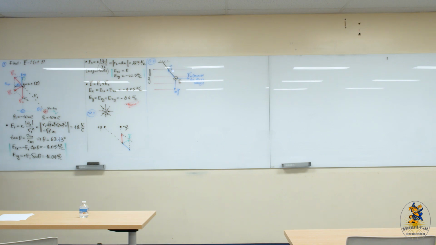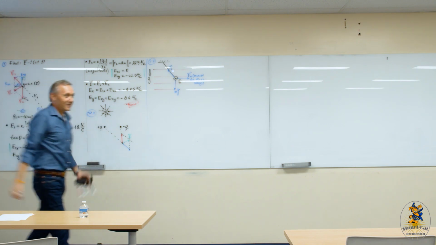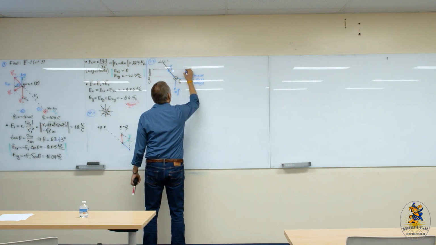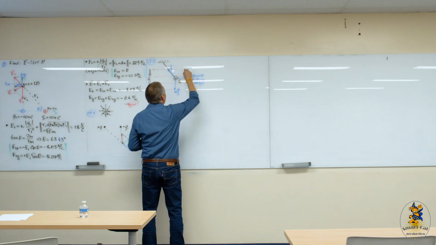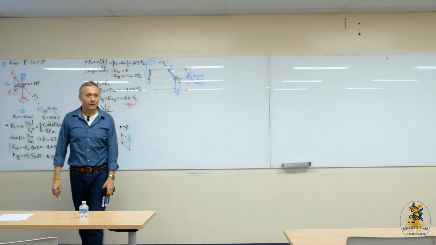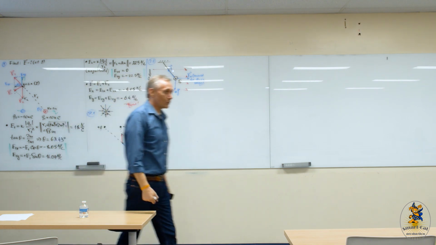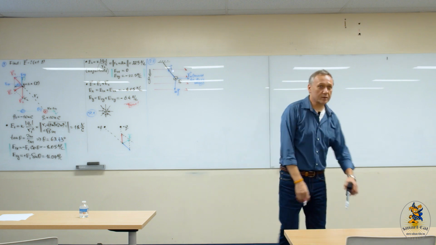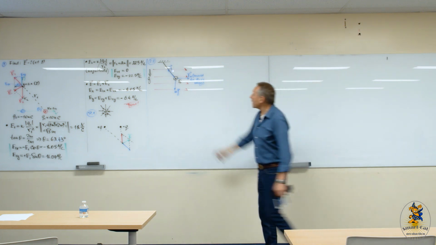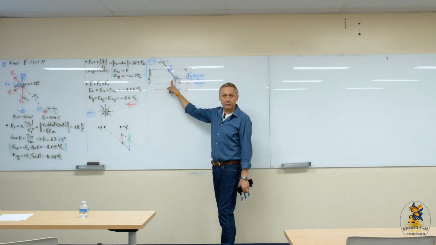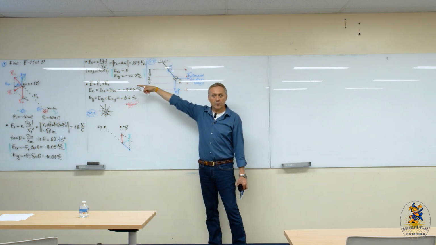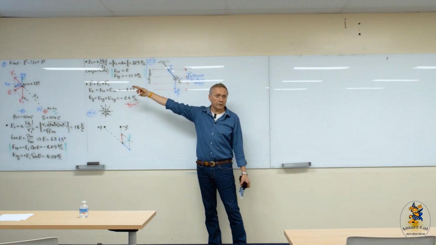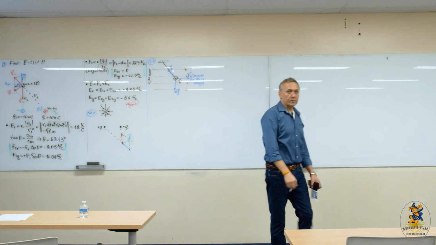It's positive. So the direction of the electric field and the electric force must be the same, right? So it means that electric field lines must point this way. It's not that bad, right? Once you put everything together. Again, if the charge was negative, of course, the electric field should have been the other way. Only in that case would the system be stable.